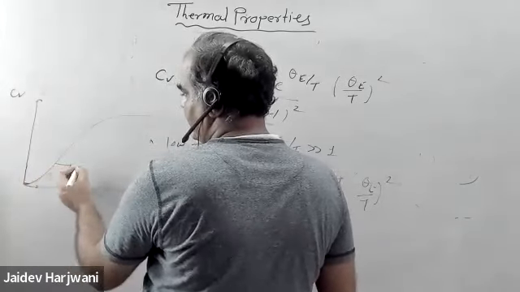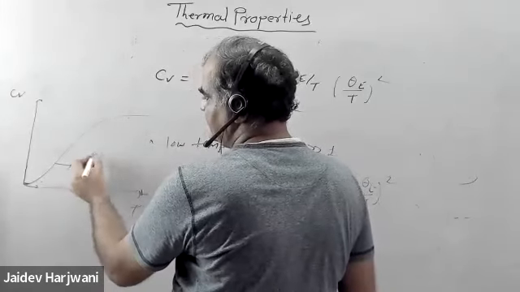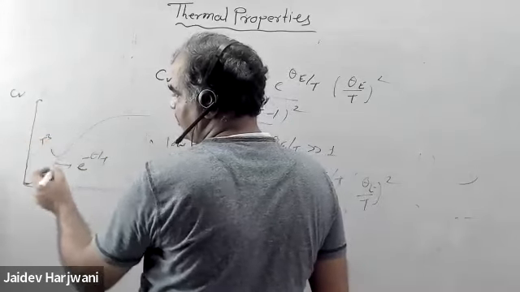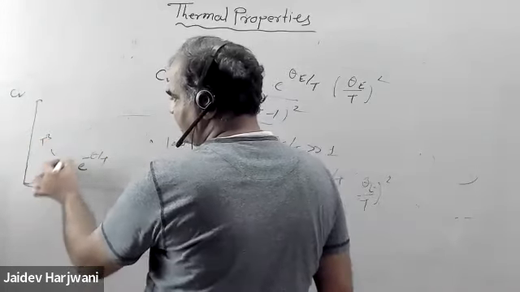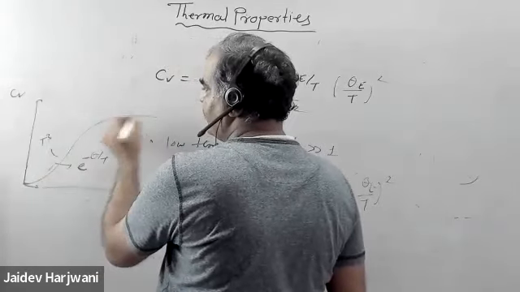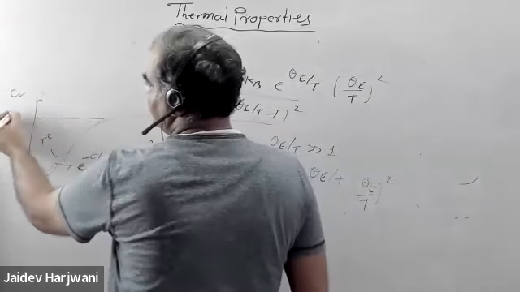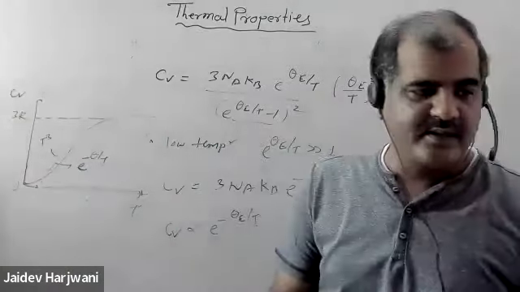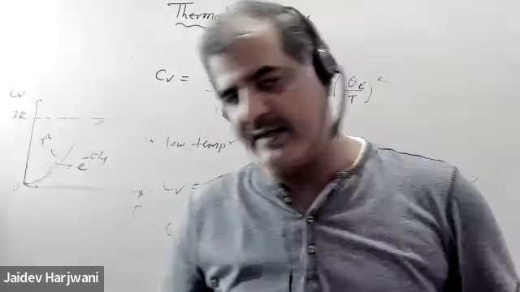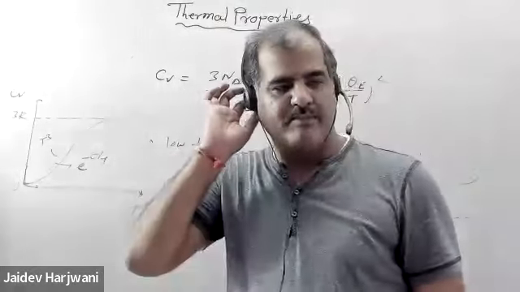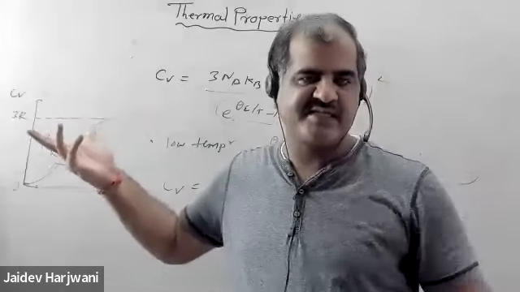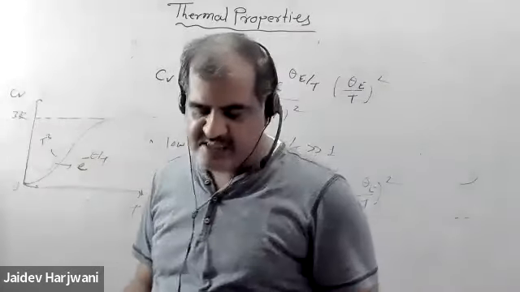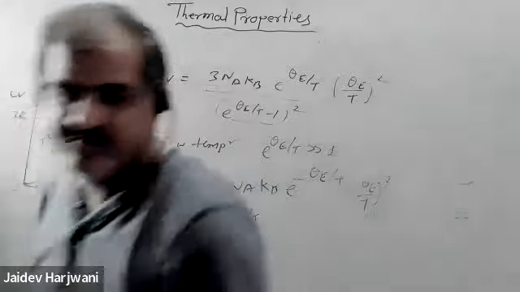Here you get exponential dependence, while the original is t cube, so it decreases faster compared to the experimental result. At high temperature you get the same thing, 3R, but at low temperature this model is not able to explain the variation of specific heat. That is the difference, but it is at least better than the classical model, which doesn't say anything at low temperature. It varies with theta e, and theta e is the Einstein temperature.